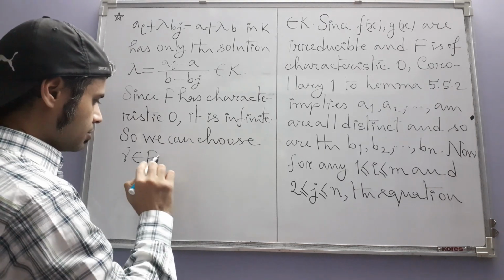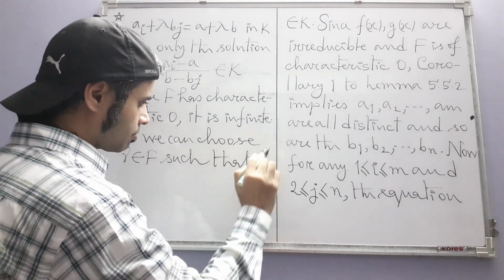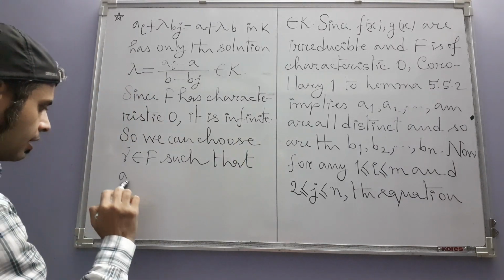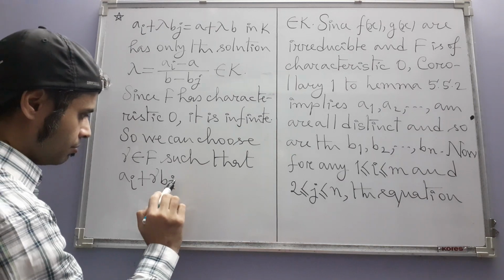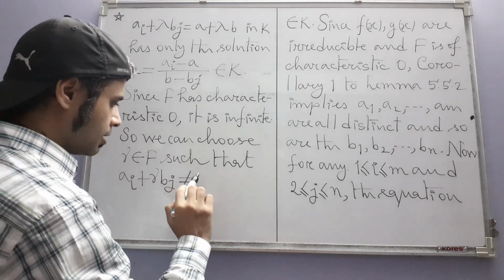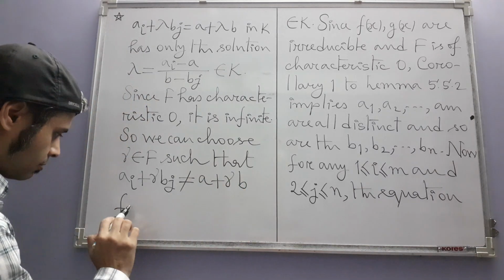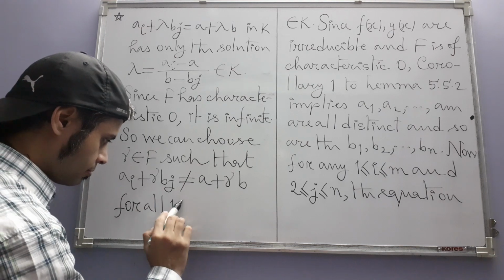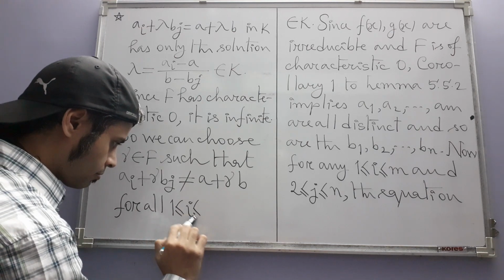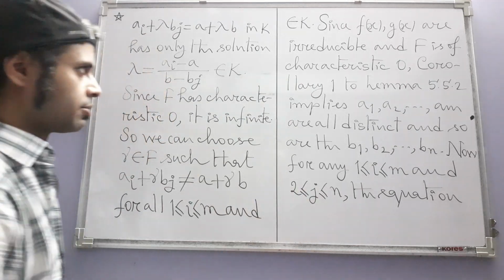So we can choose gamma such that a_i plus gamma b_j is not equal to a plus gamma b for all i and all j in this range.